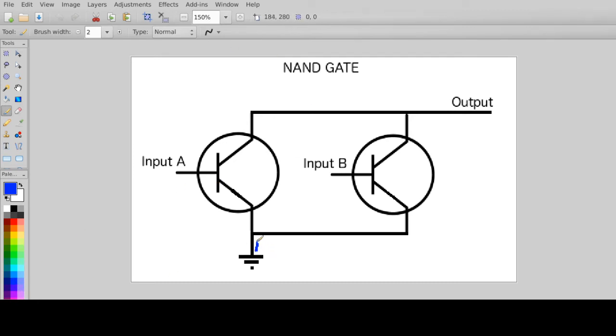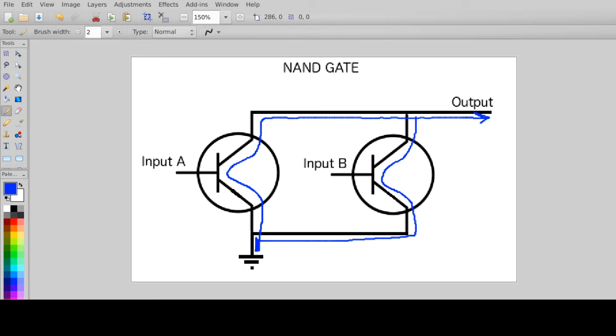This is your source right here, of electrical pressure, if you like. Notice that it gets to this junction right here, so the electricity can actually flow 2 ways. It can either flow this way through one transistor, the one on the left, and then out, or it can flow this way through this transistor and then out. So there are 2 ways in which the electricity can flow out.